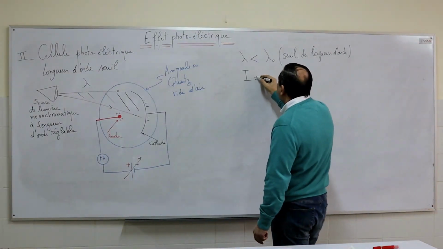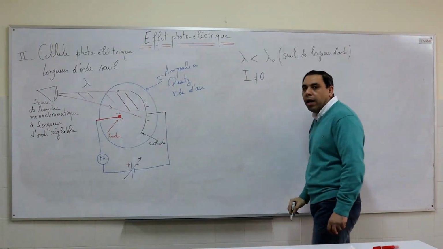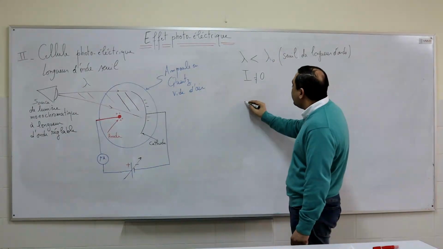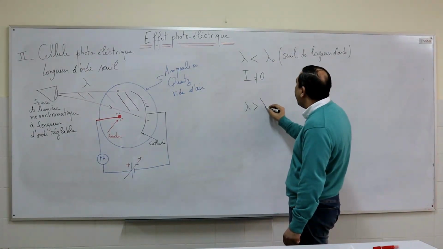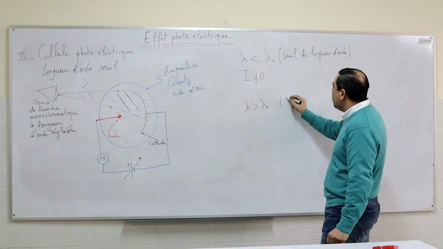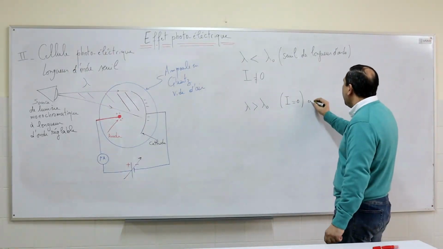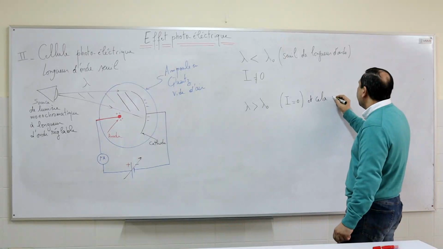In this case, the electric current is non-zero. But if the wavelength is greater than a certain value, the ammeter doesn't indicate a flow of the current throughout the cathode's exposure time to the radiation.